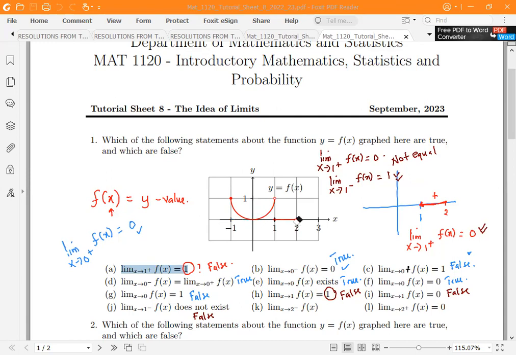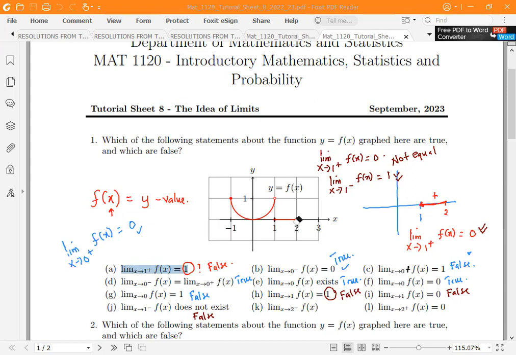You've seen the graph. As you approach 1 from 2, is this line that is sitting on that interval going to 1, the y value? No, it's going down to 0.